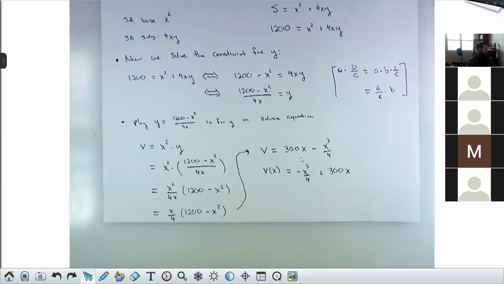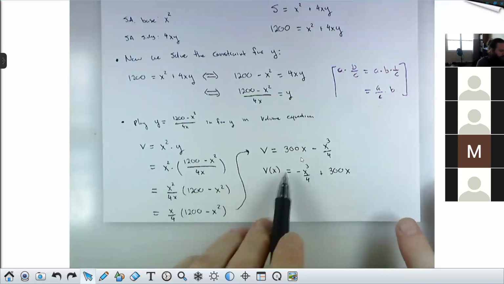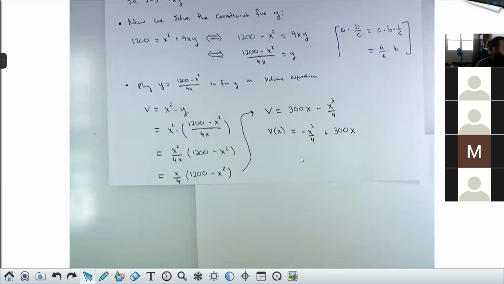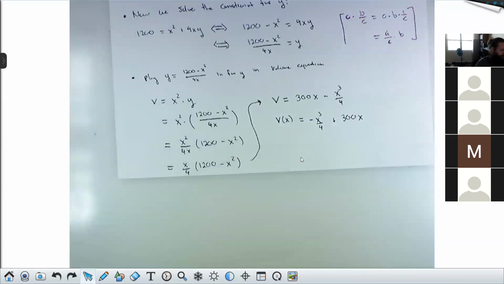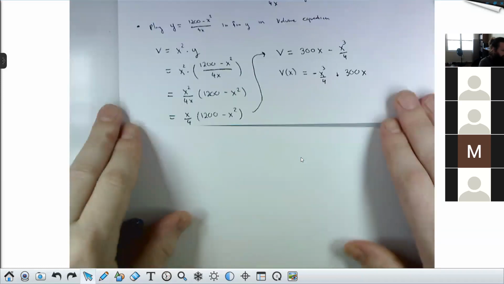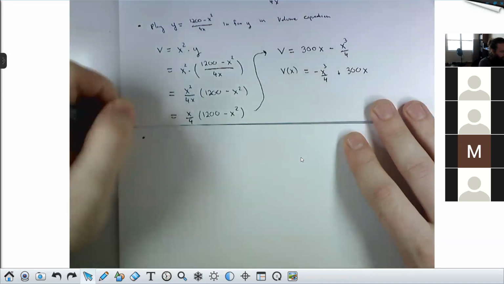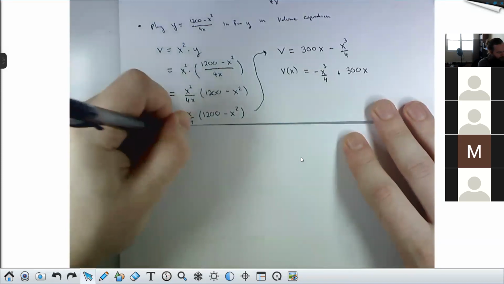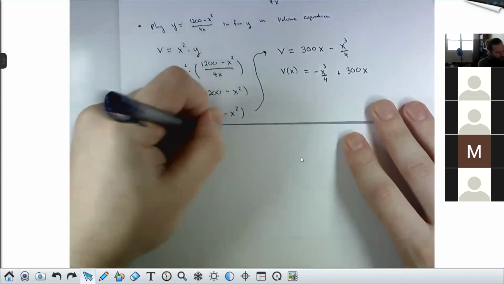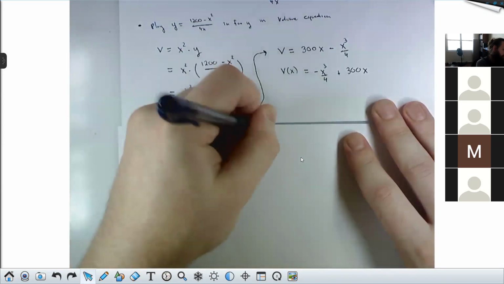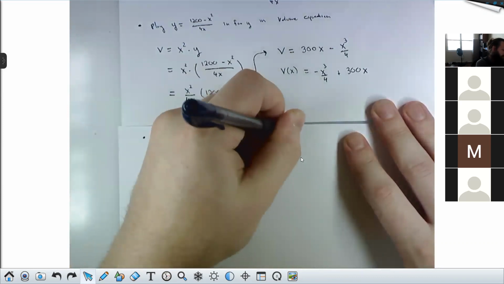All right. So the volume v of x is the thing I want to maximize. So I should take its derivative. So now I'm going to differentiate v of x and find the max.